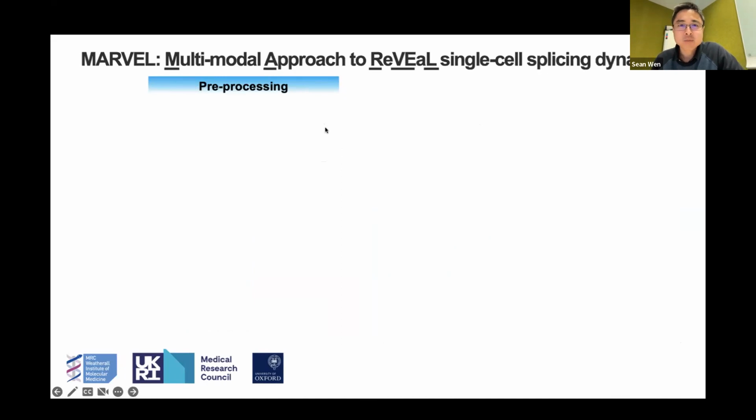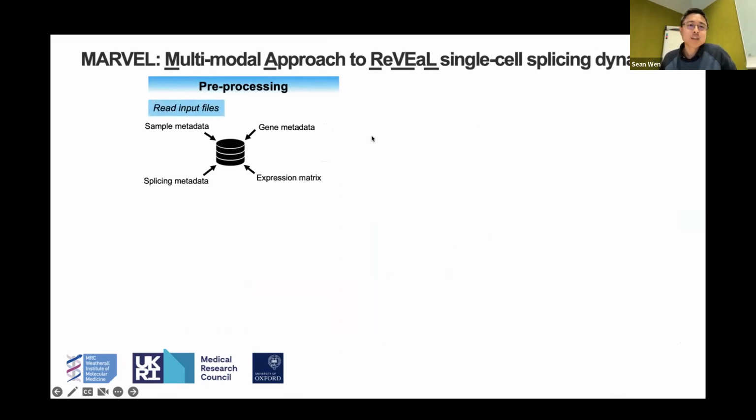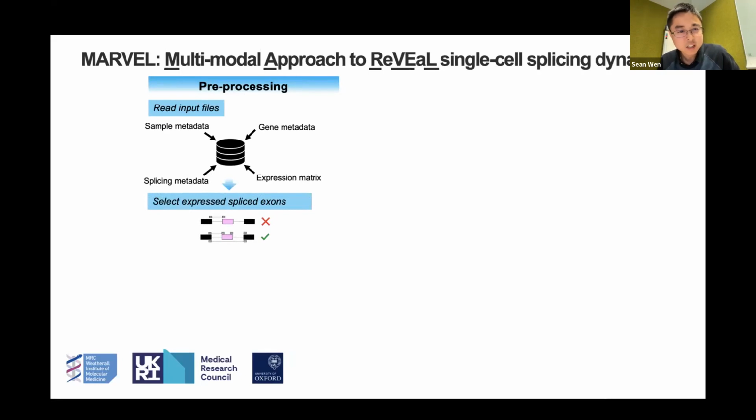Like every software, it begins with the pre-processing. I won't dive into the technical details on how to prepare the files, but I just want to show you that Marvel is just like any other software that requires the sample metadata, gene metadata, and expression matrix. But because we're studying splicing, we also need the splicing metadata. Once we have these input files, Marvel does everything automatically downstream.